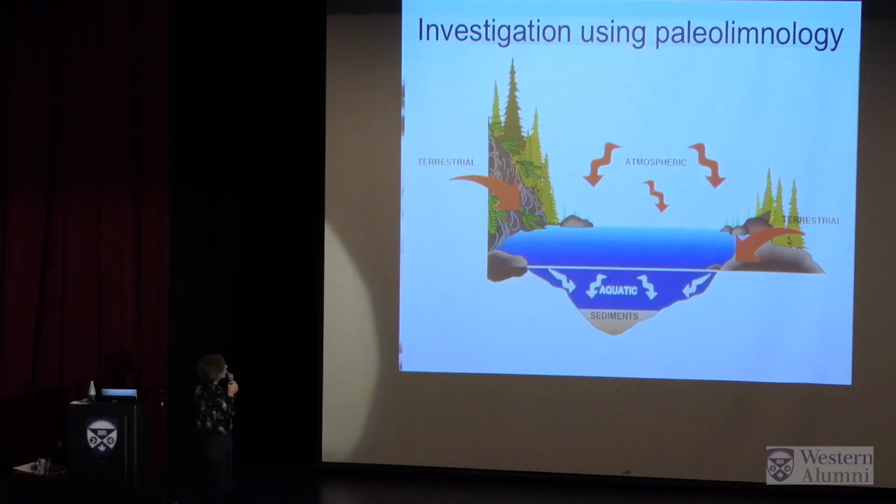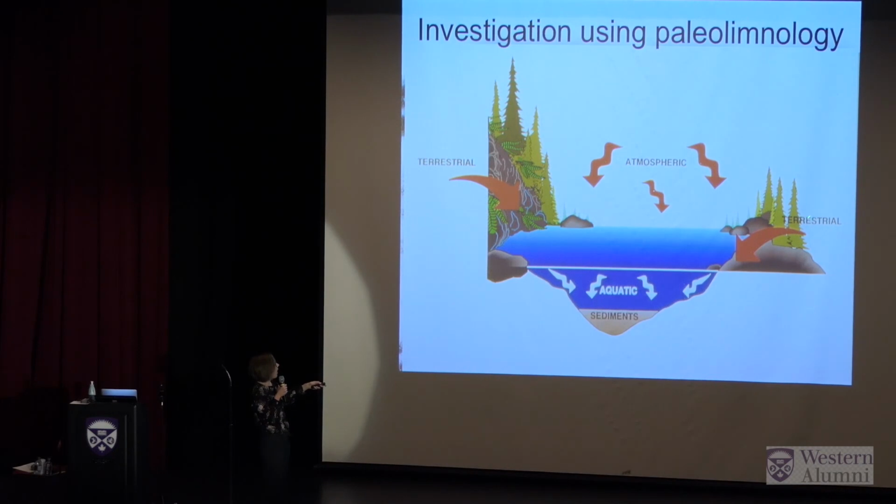To give you a picture of how this works, this is a concept diagram of what a lake looks like. You can see the lake itself is shaped kind of like a little bowl, and in the bottom you have sediments accumulating. We take samples of those sediments to try and figure out how the environment has changed over time. On this diagram, you can have things that add to the sediments from the water column itself, so dead organisms.